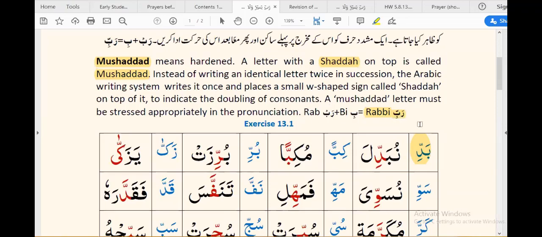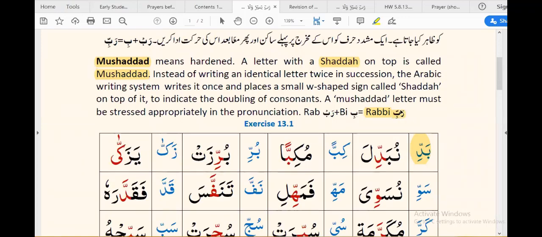What it is saying over here is that Rabbi is made up of two sections. One is Rab and then bi. So Rabbi is actually made up of one Ra and two letter bas.